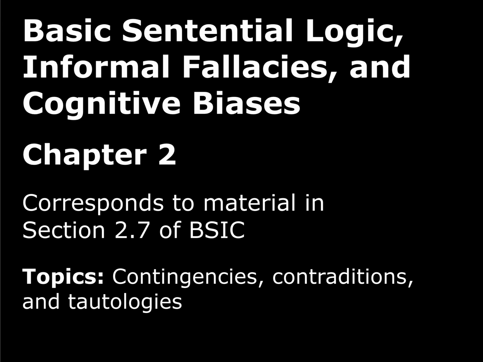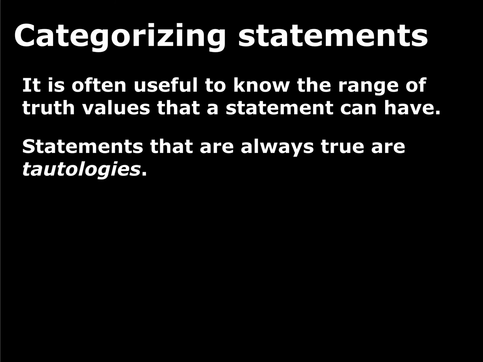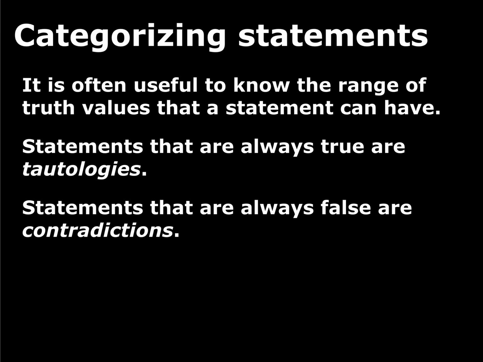So it's often useful to know the range of truth values that a statement can have. And there's three possibilities when we talk about the range of truth values. Some statements can only be true. They're always true no matter what. They can't be false. And we'll call those tautologies.